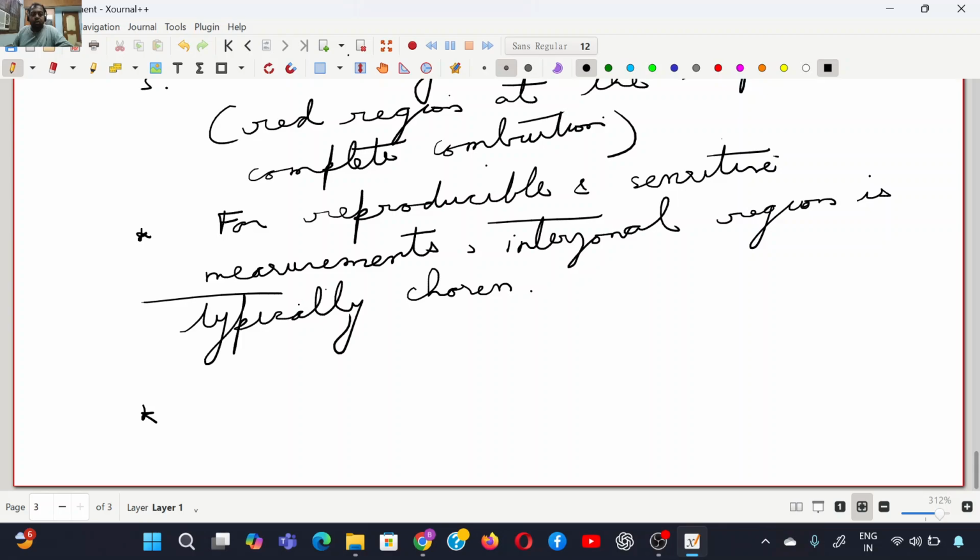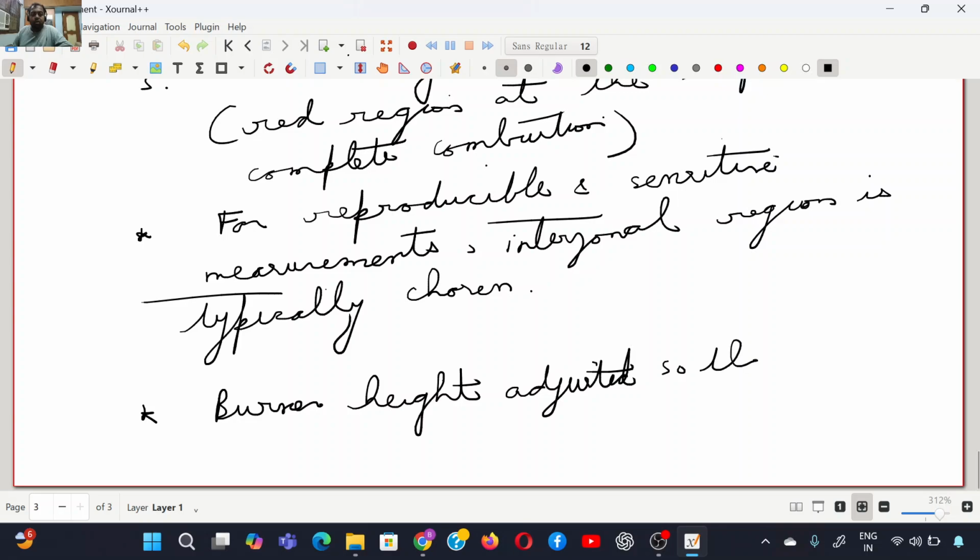So I'll write this one extra point: burner height is adjusted so that hollow cathode lamp radiation passes through this region.